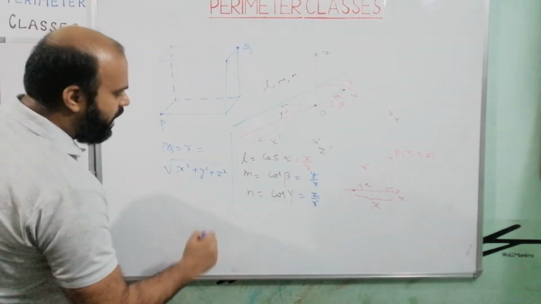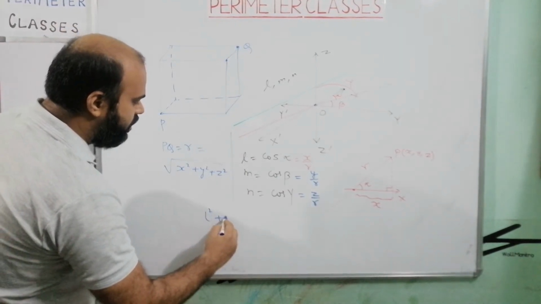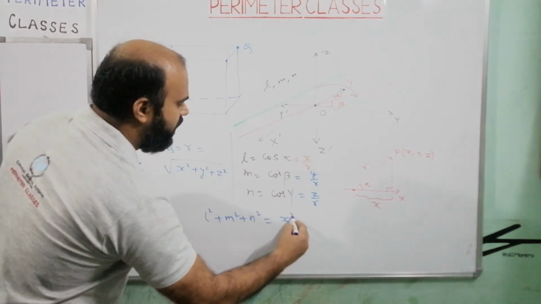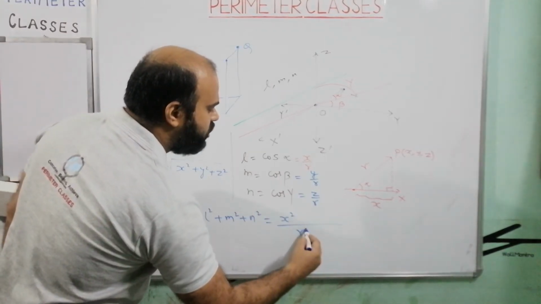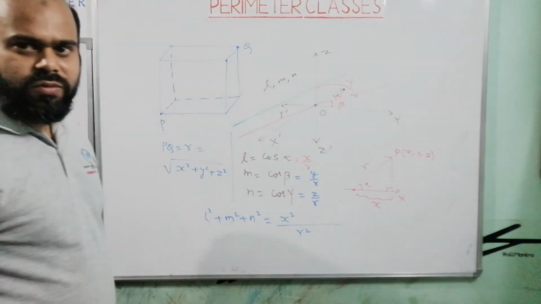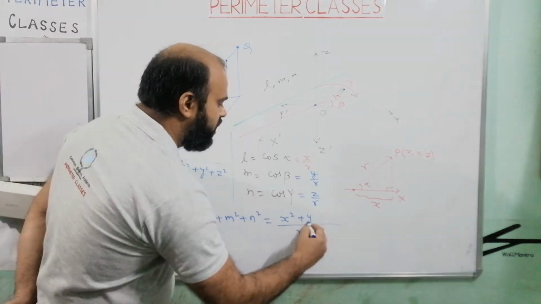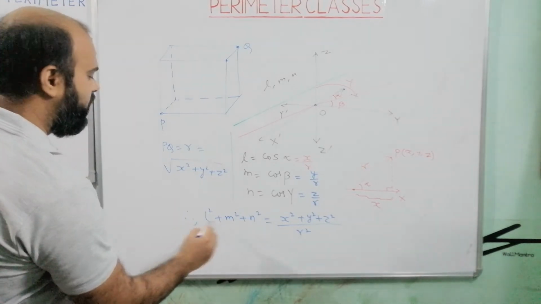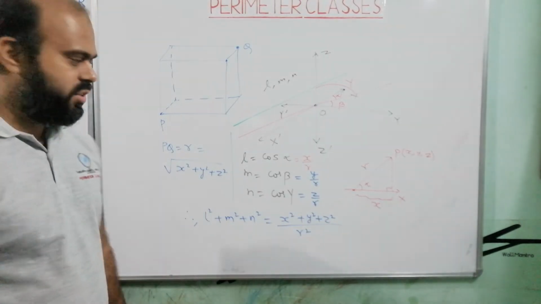So if we square l and add m square, then add n square, what we get is x square upon r square, with r square common to everyone, so we can take it as the denominator, plus y square plus z square. So l square plus m square plus n square can be written like this.